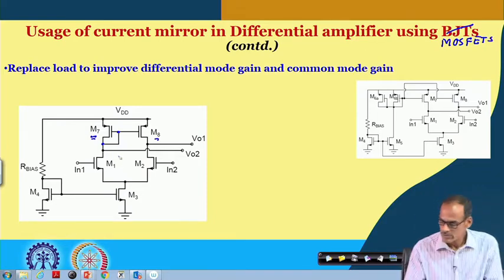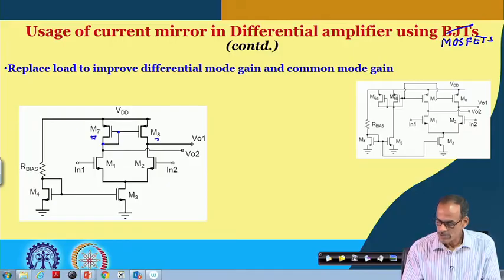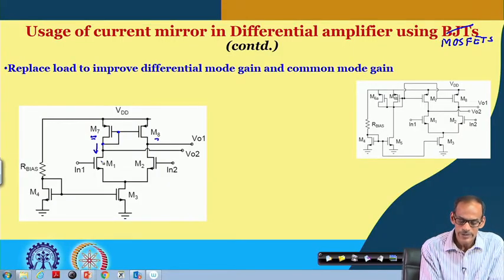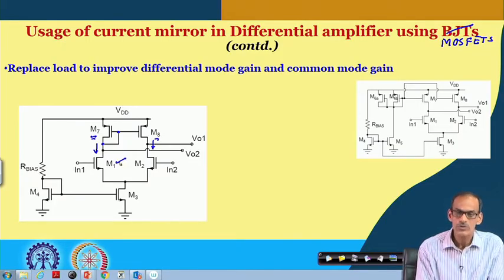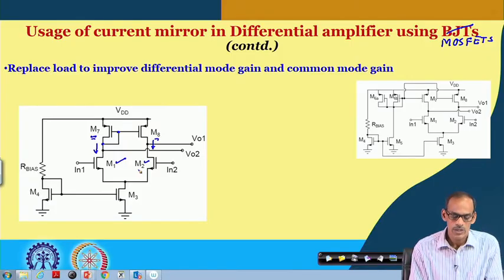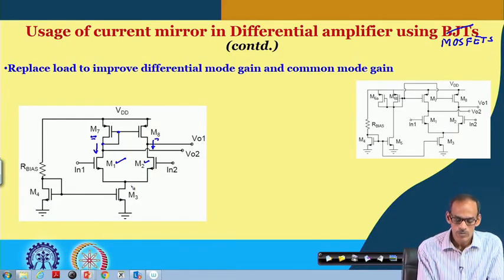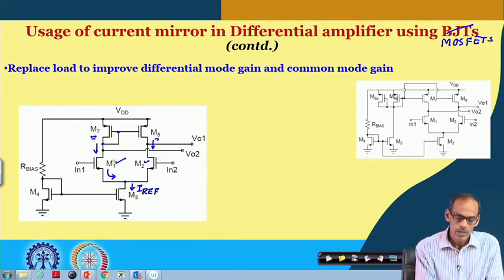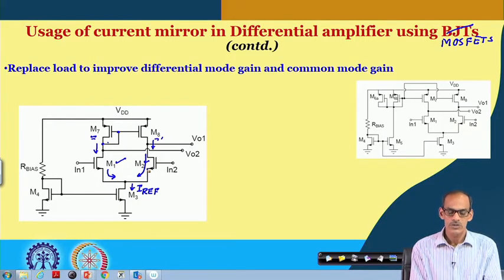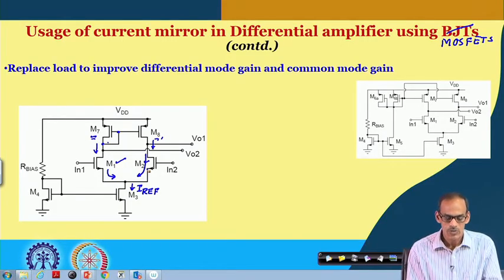From the DC point of view, the current here is getting mirrored here, and we know that for the DC operating point the current flowing through transistor 1 and transistor 2 should be equal. So, whatever reference current we have, we expect half of this reference current to come from transistor 1, and that half of the reference current is getting nicely mirrored here, which eventually comes back to transistor 2. So, that makes the entire circuit well balanced.